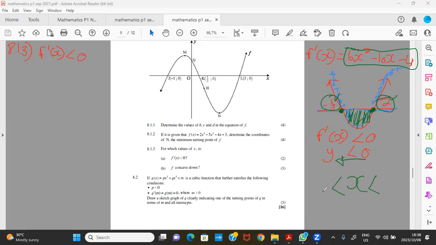On my far left, I'm going to start with my smaller number, which is minus 1 over 3. Then to the right, I go to the biggest number, which is 2. Then I'm done. So my answer for 8.1.3 will be x is less than 2, but x is greater than minus 1 over 3. Then I get my nice 2 marks.